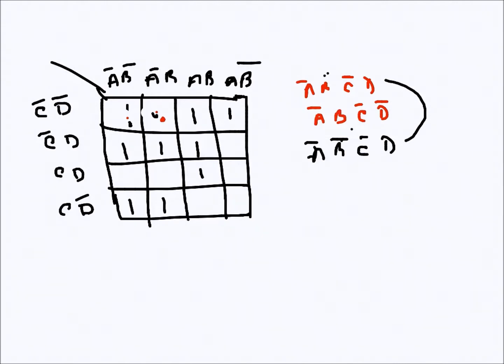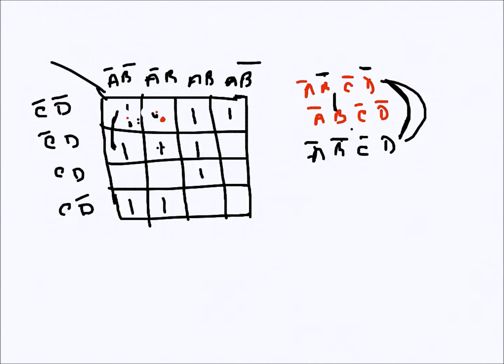From this one to this one, it's b changing, and from here, this was like a b bar, so from here to here it should be d bar, yes, from here to here it's only d that's changing. But from here to here these two are not adjacent.